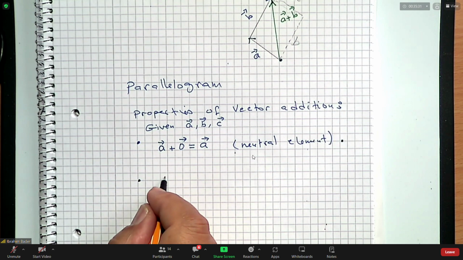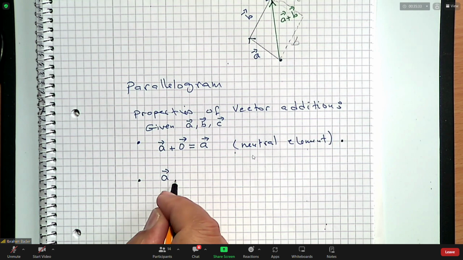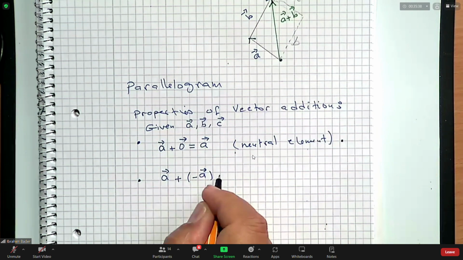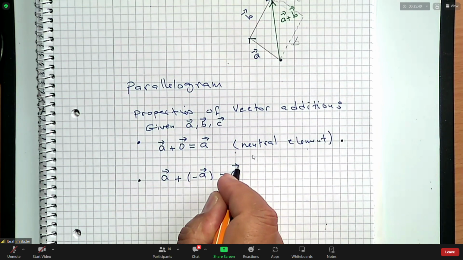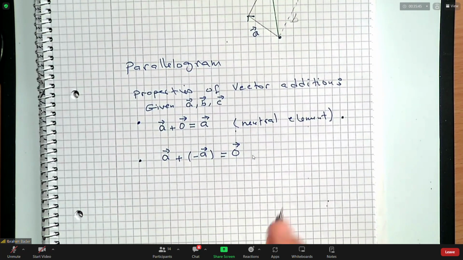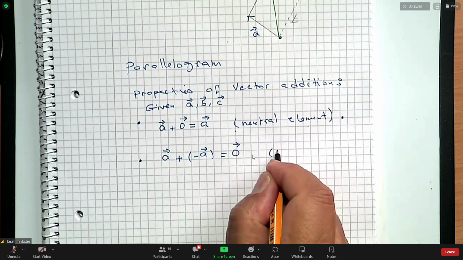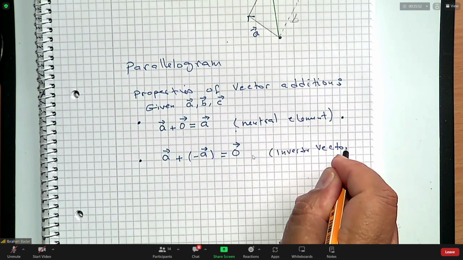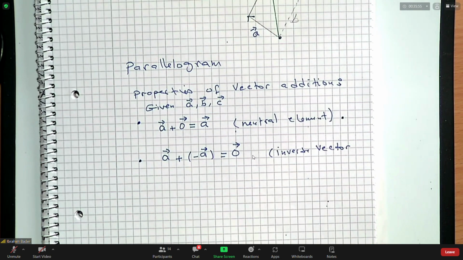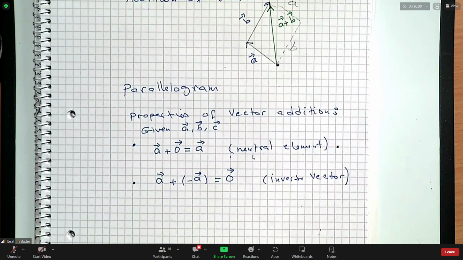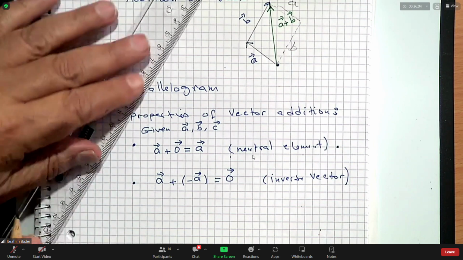Now, if we have a neutral element, we have an inverse. You remember the so-called field axioms; we had one of these axioms. So this is the inverse vector. An inverse of a vector is simply, maybe we can plot it here somewhere. What does it mean?